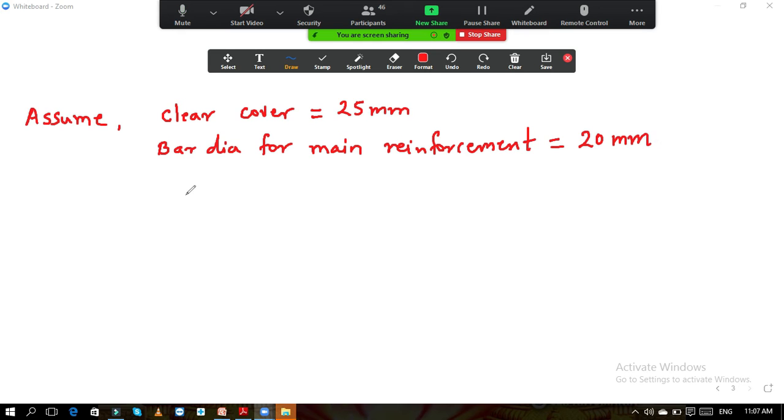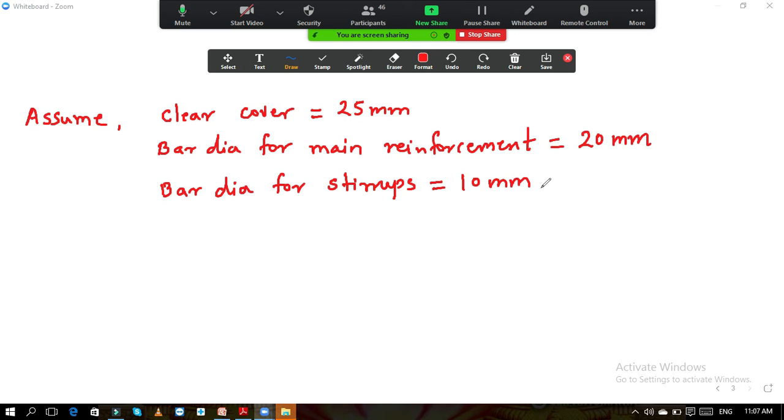Okay, then bar diameter for stirrups, I will assume this bar diameter as 10 mm. Okay, so these are the values which we have assumed now.